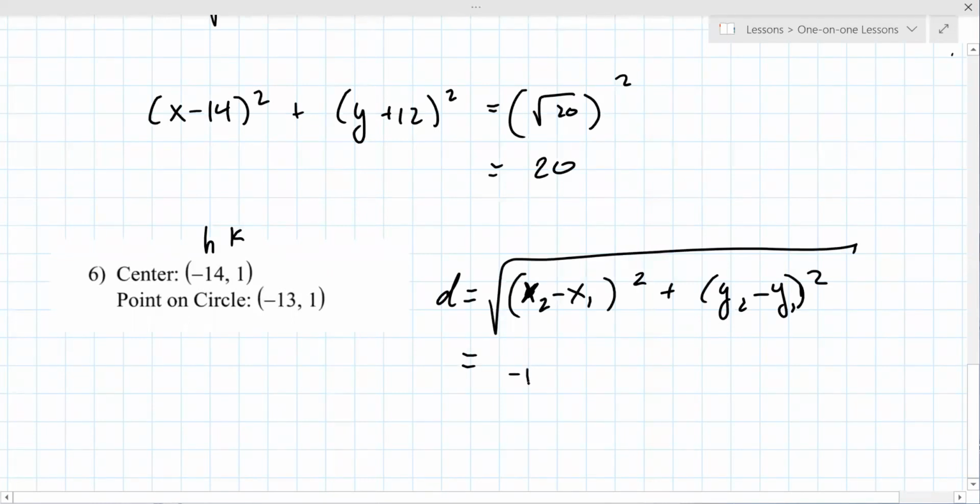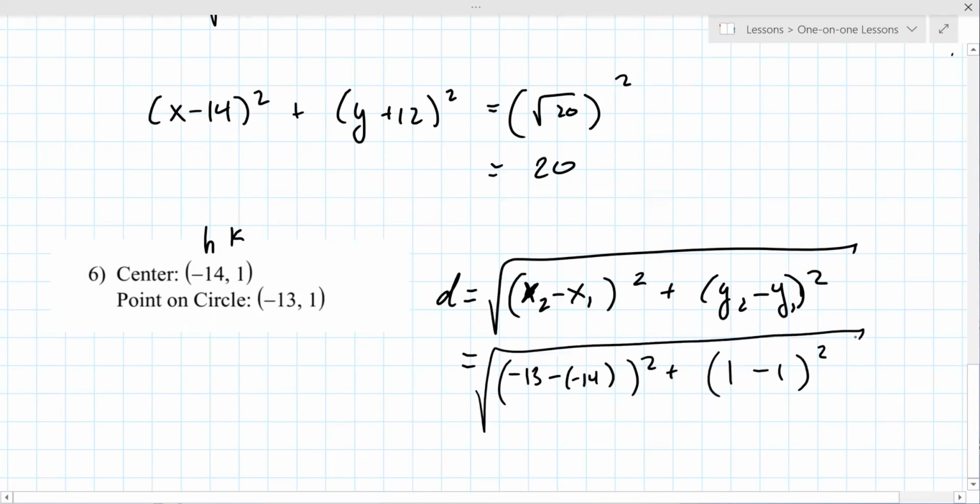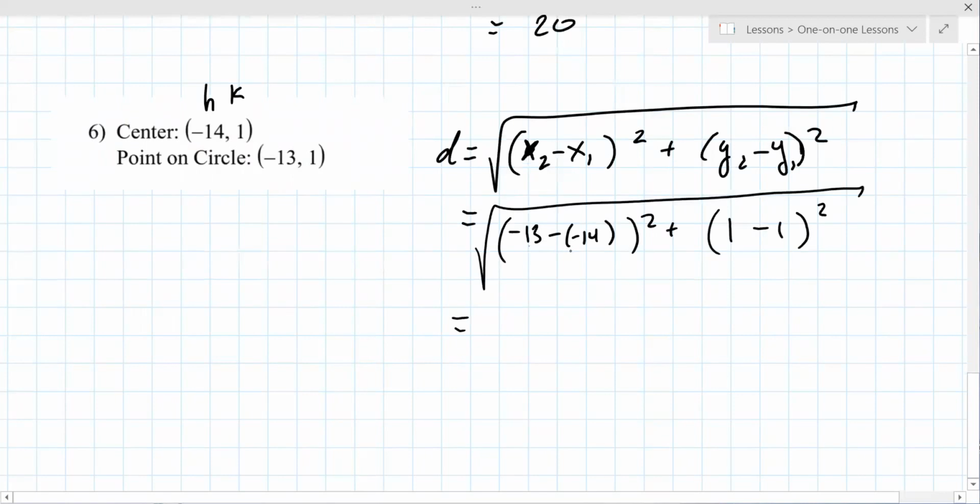So it'll be like minus 13 minus a minus 14 squared plus 1 minus 1 squared, square rooted. So this becomes minus 13 plus 14. You're squaring that, so just 1 squared plus this is 0 squared. So this becomes just 1.